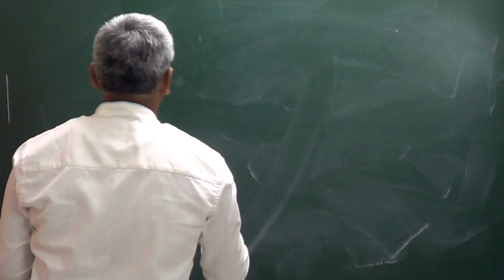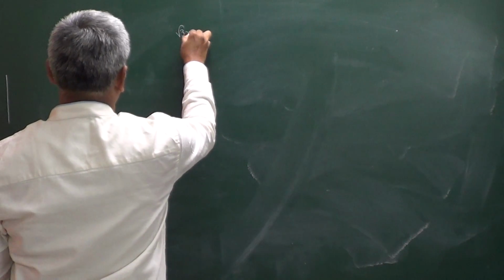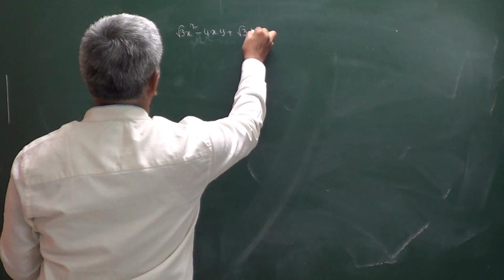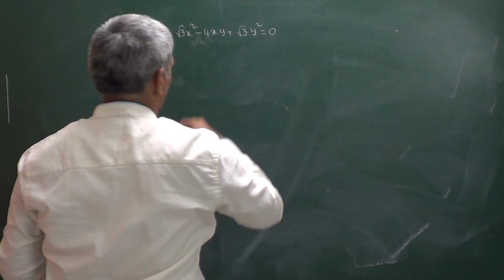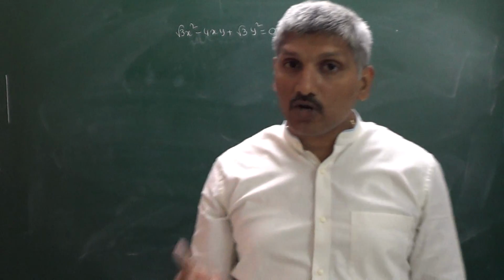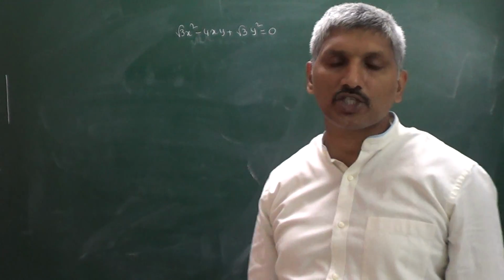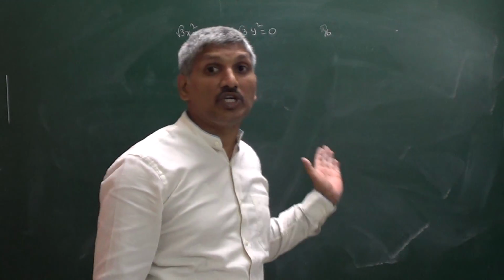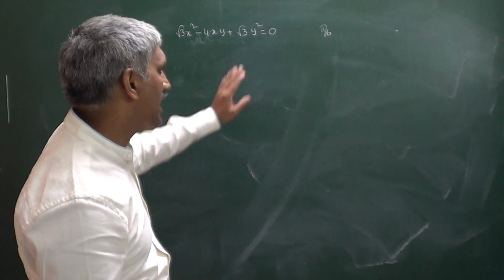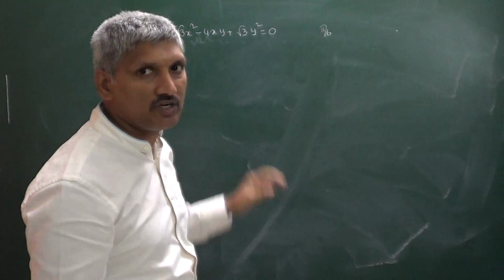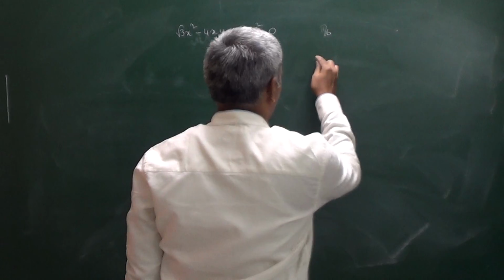So this is another question given. Root 3 x square minus 4xy plus root 3 y square is equal to 0. When the axes are rotated through an angle pi by 6 in anti-clockwise direction, what is the new equation? Then what happens?